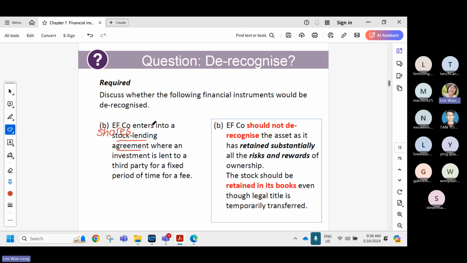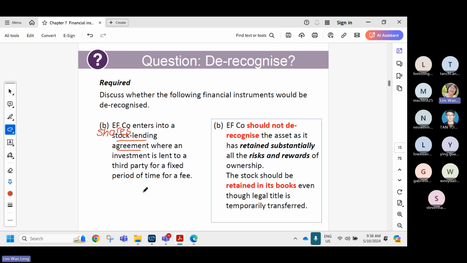Okay, so EF enters into a shares lending agreement where an investment is lent to a third party for a fixed period of time for a fee. So this is quite normal lah. Okay, so can EF company de-recognize the asset or not?